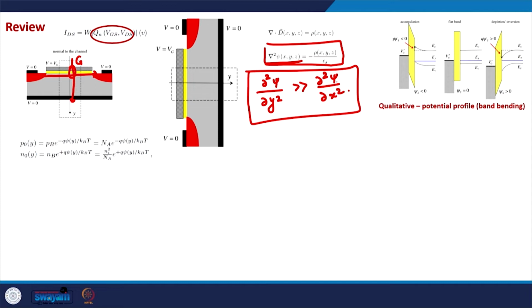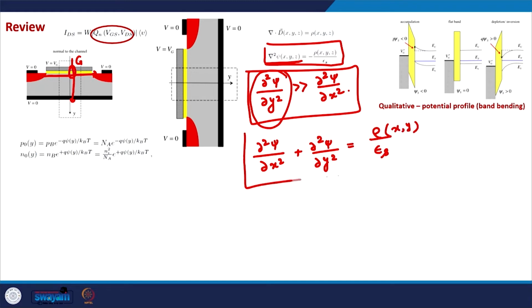And that is why we can do a proper electrostatic treatment of the MOSFET just using the electrostatics in the y direction. If we consider the electrostatics in both x and y directions, the Poisson equation will look something like this: del 2 psi by del x square plus del 2 psi by del y square equals rho by epsilon s.